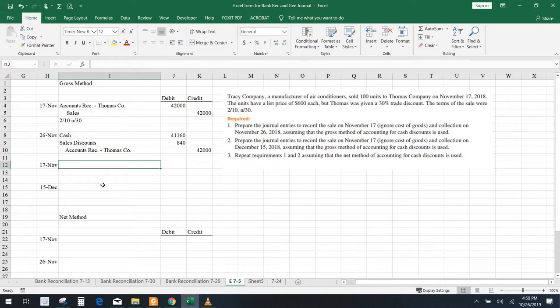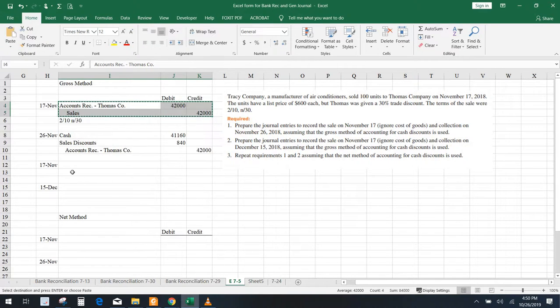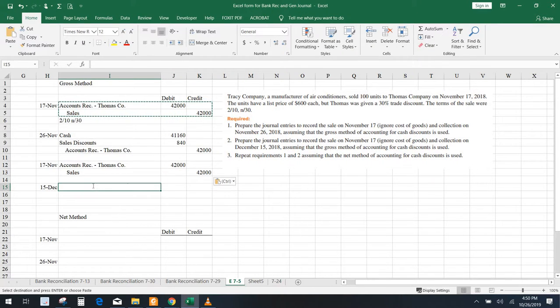Now they want us to do the exact same thing, except this time instead of paying on the 26th, they're going to pay on the 15th. So this transaction will be the same to record the sale. We'll just copy that, paste it down here. Okay, now the payment's going to be different.